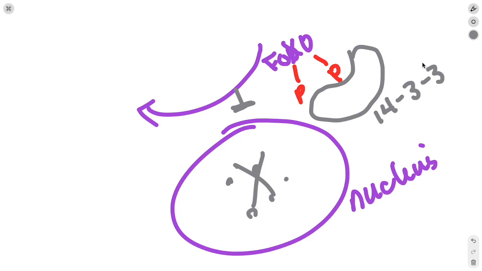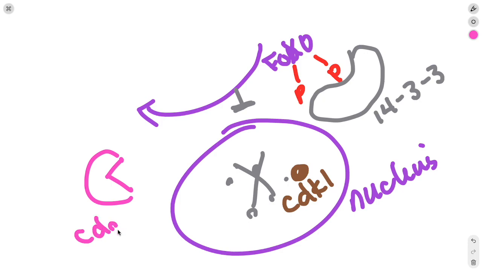So look at this reality. Here's where CDK1 is, and CDC25, a phosphatase, needs to get in there and remove those inhibitory phosphates.